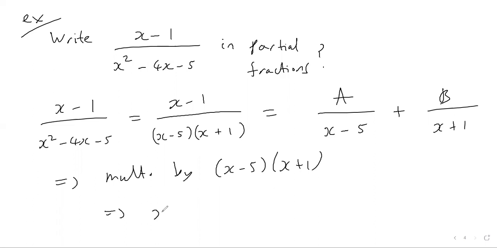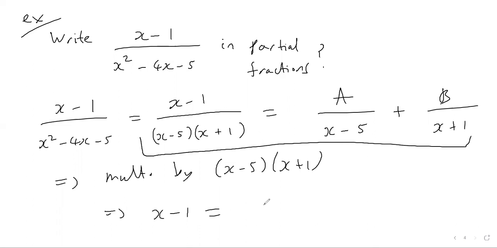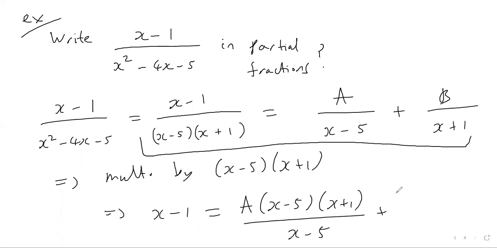With this equation here, multiply both sides by the denominator, we get x minus 1 is equal to a times (x minus 5) times (x plus 1) divided by (x minus 5), plus b times (x minus 5) times (x plus 1), and then divide that by (x plus 1).